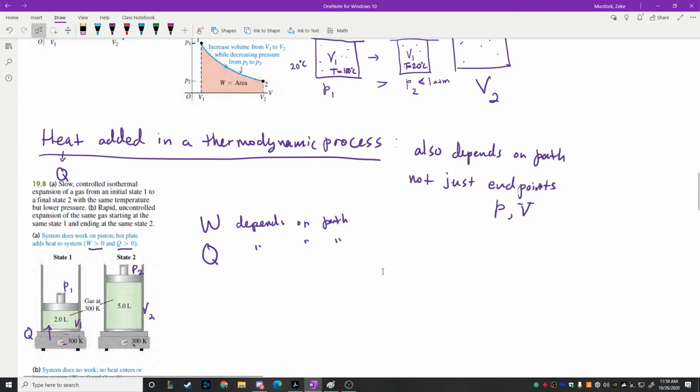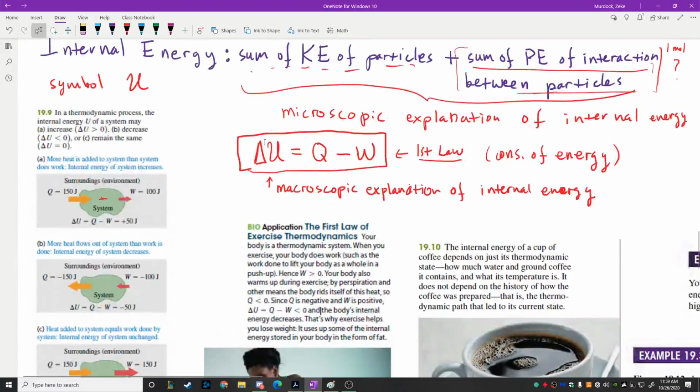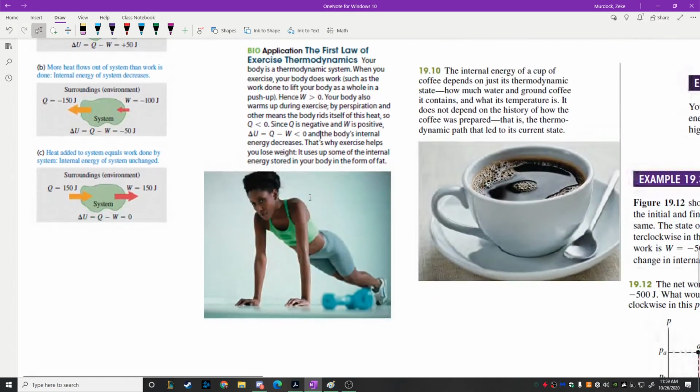And then we said, same thing, also the heat added in a thermodynamic process or the heat given off also depends on the path, not just the endpoints. The remarkable thing about this is that even though Q depends on the path taken and W depends on the path taken, the change in internal energy is actually path independent.